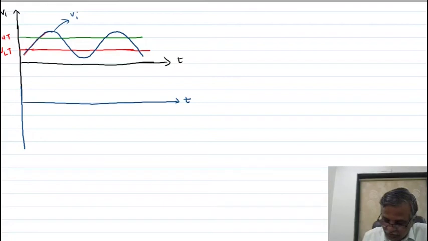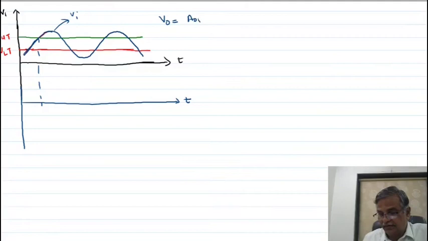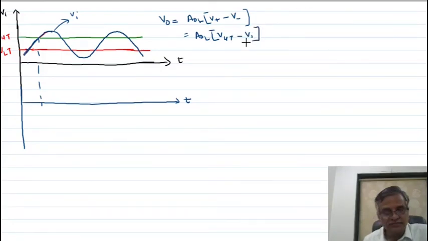So during this time, look here, my V output is nothing but the AOL times V plus minus V minus, or I can write AOL times VUT minus VI.